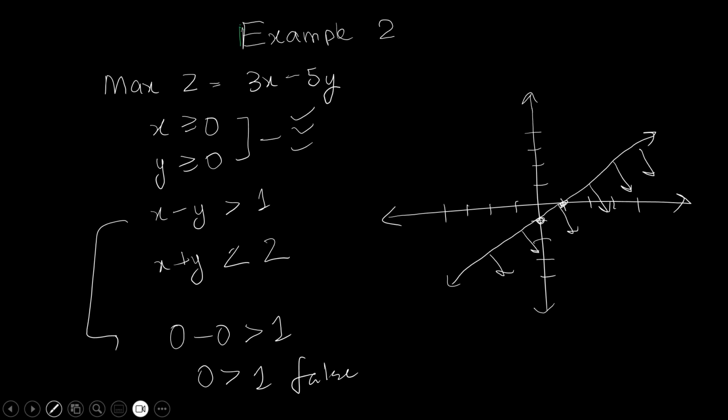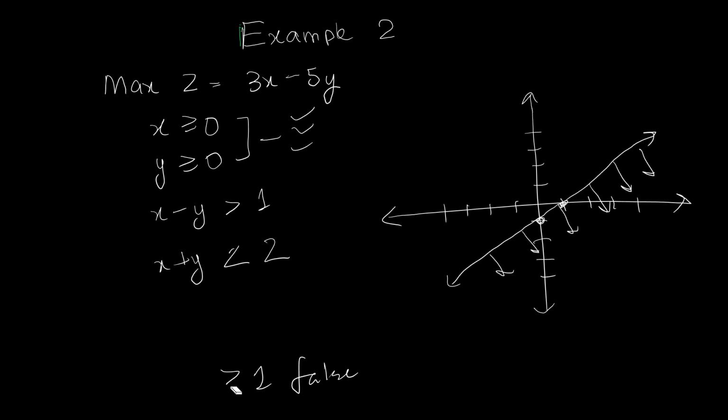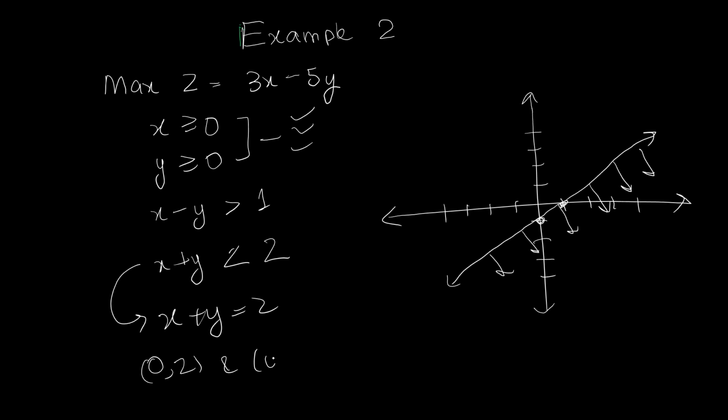Next, we have another constraint which says x plus y is less than 2. So let's change the inequality to an equal sign to find the points. When x is 0, y is 2, and when y is 0, x is 2.